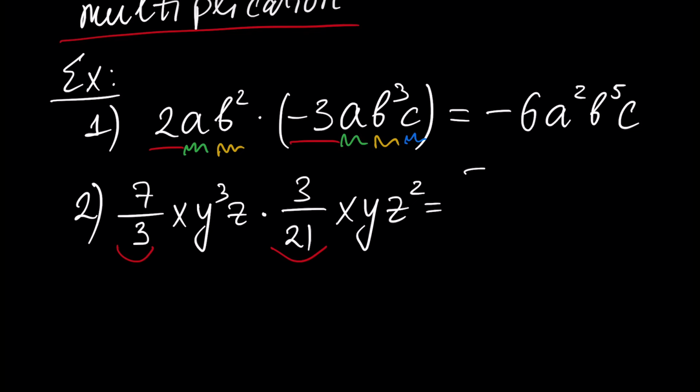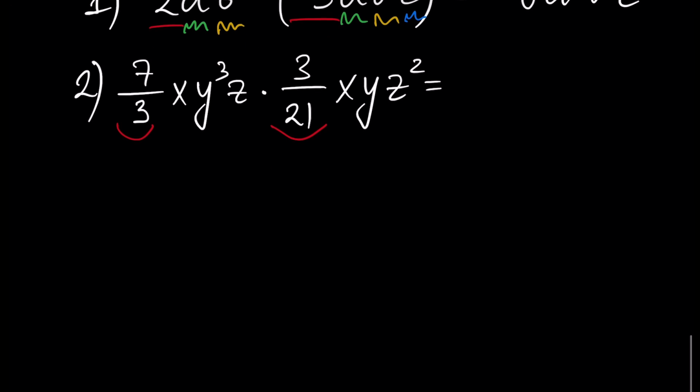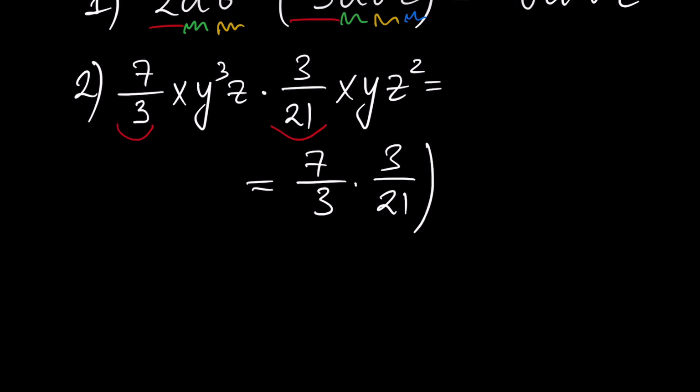Let's write it here. So 7 over 3 times 3 over 21. This is the multiplication of coefficients. And of course, since we have a cancellation here, this will be 3.